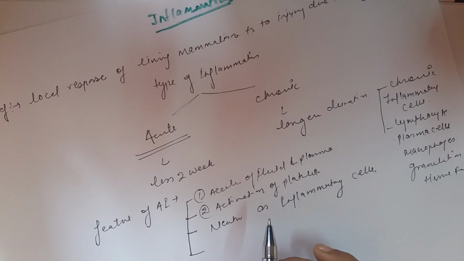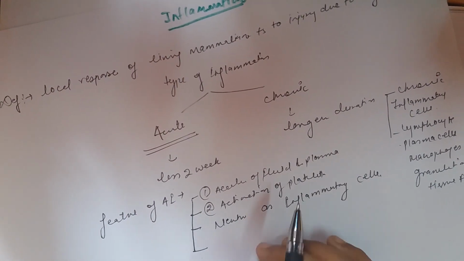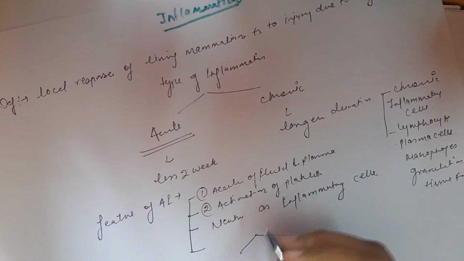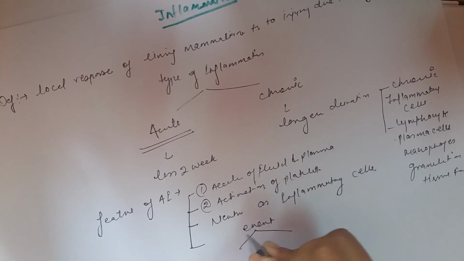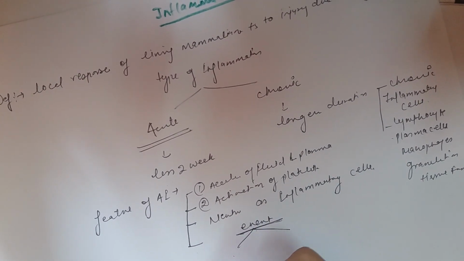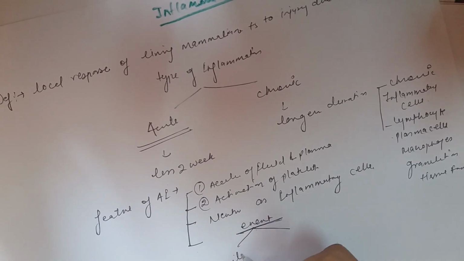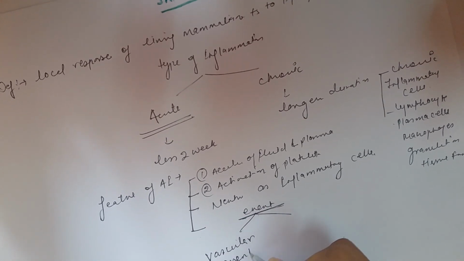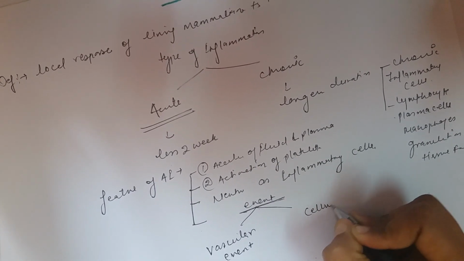We can divide acute inflammation into two events. First of all, the vascular event. Second one is the cellular event.